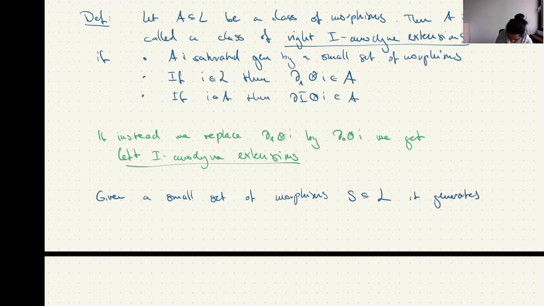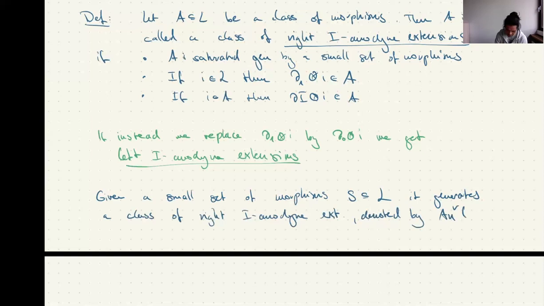So it generates a class of right I anodyne extensions. And let's denote this by anodyne right depending on I and S.